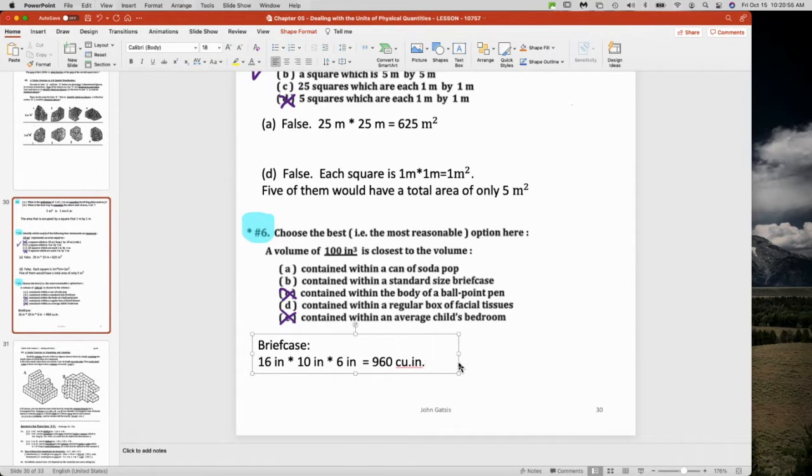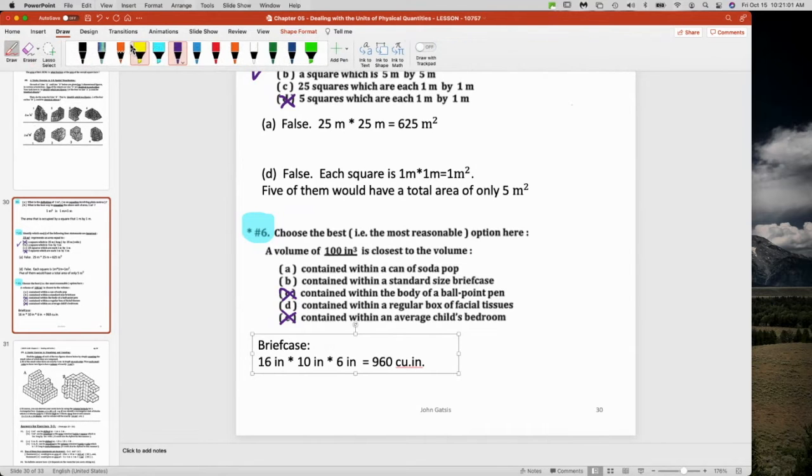So it's 960 cubic inches. So that one's a no-no. That is a no-no, my friends. Let's get rid of that one. See you later.